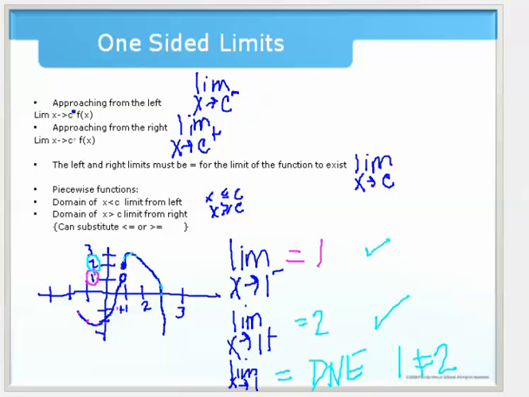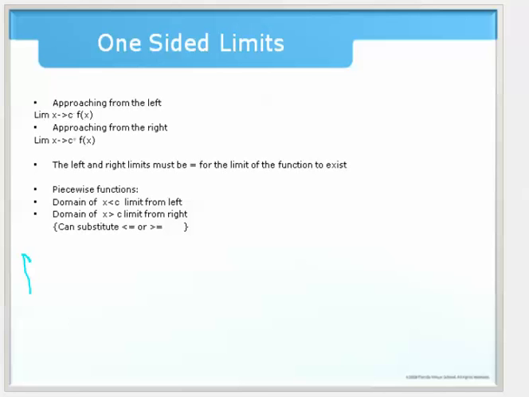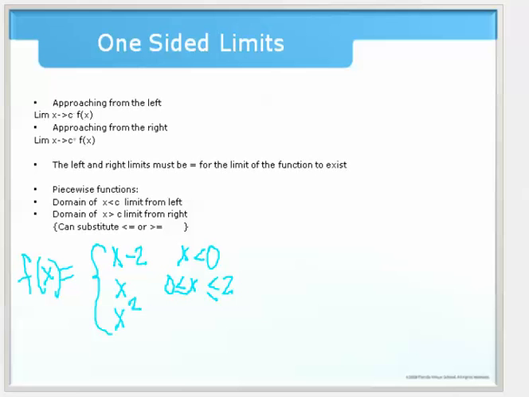Next, I'm going to show you a piecewise function, so having an equation and finding a one-sided limit. So our function here is f of x equals, we'll do three pieces: x minus 2 when x is less than 0, the function value is x when it's between 0 and 2, and the function is equal to x squared when we're looking at values that are greater than 2.